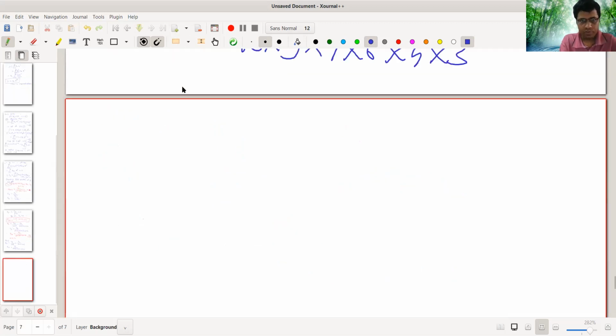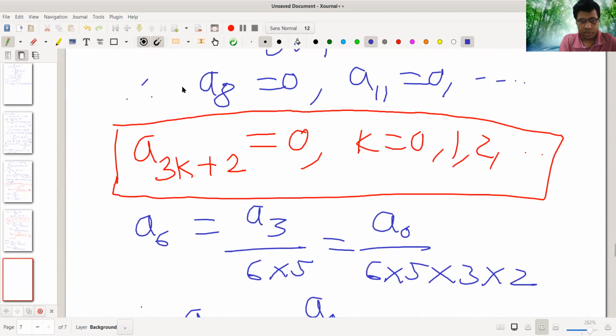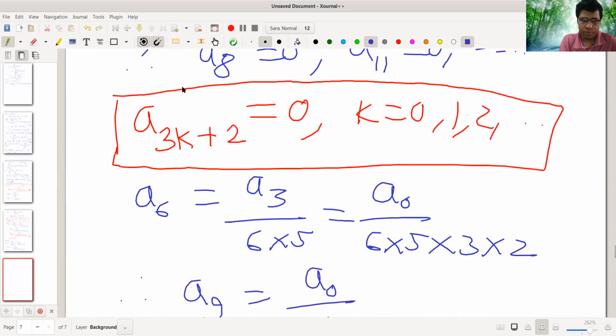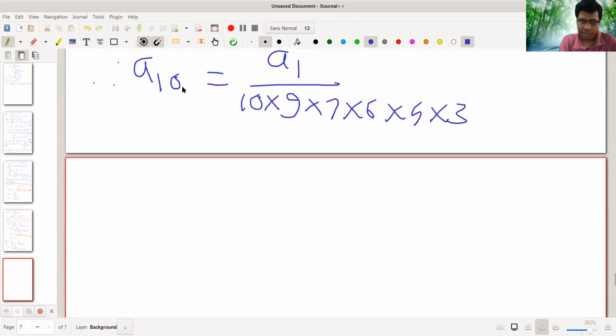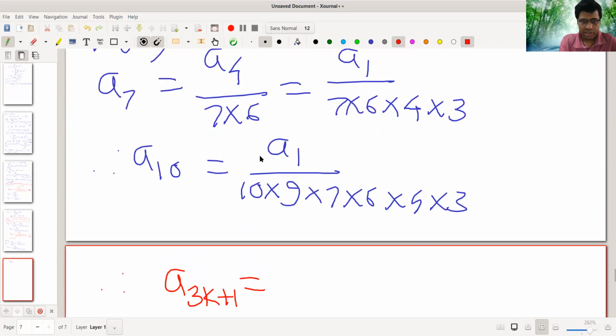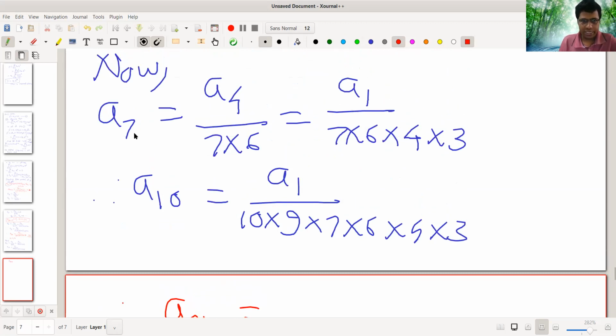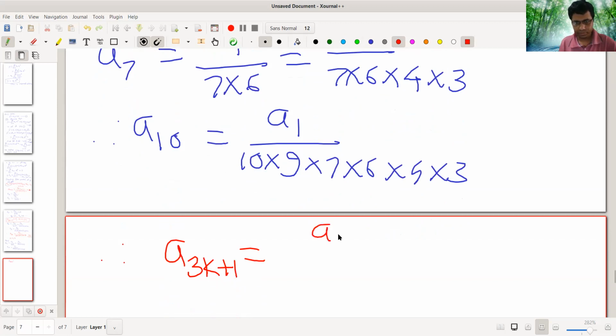So these terms are of the form 3k plus 1. We already have computed a suffix 3k plus 2, a suffix 3k, and we only have a suffix 3k plus 1. Therefore, A3k plus 1, that is A4, A7, A10, then A13, and so on, equals A1 divided by... the denominator should start from this number.